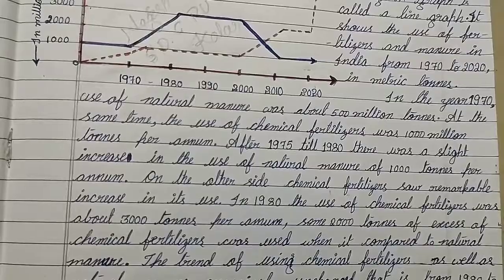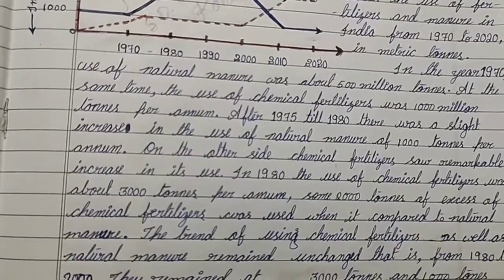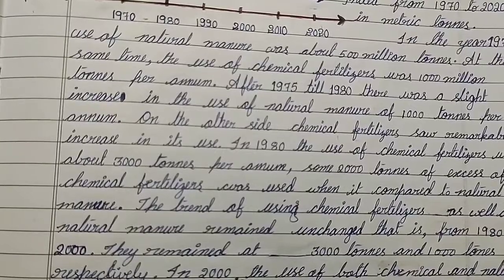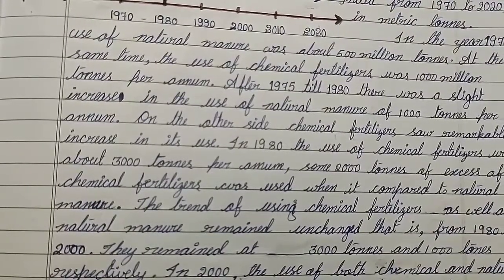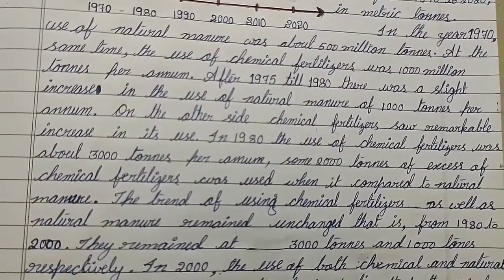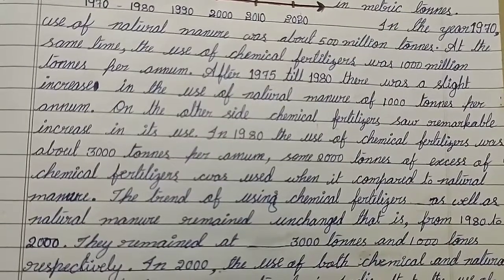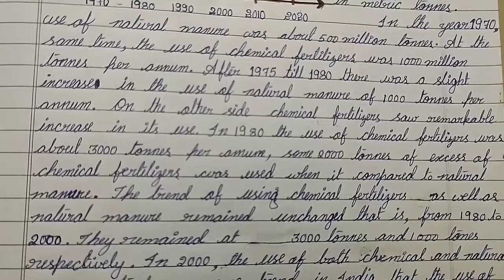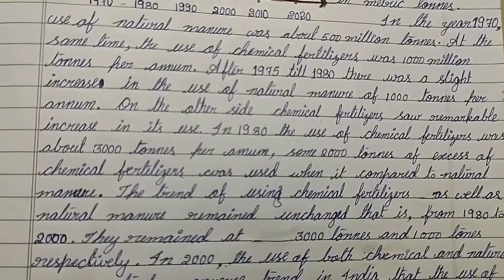The trend of using chemical fertilizers as well as natural manure remained unchanged, that is, from 1980 to 2000. They remained at 3000 tons and 1000 tons respectively.